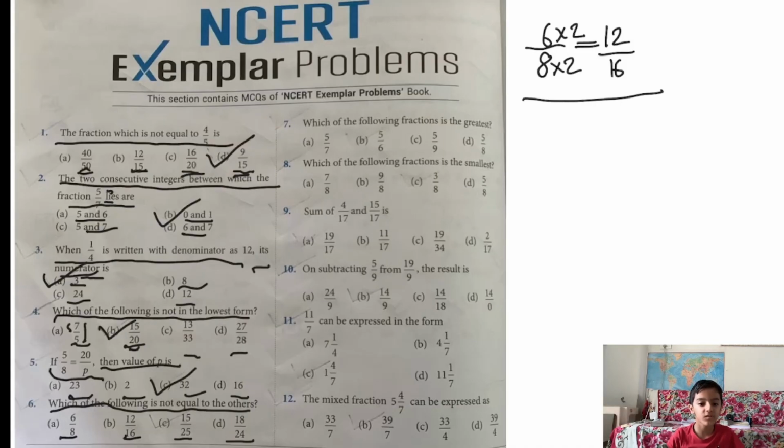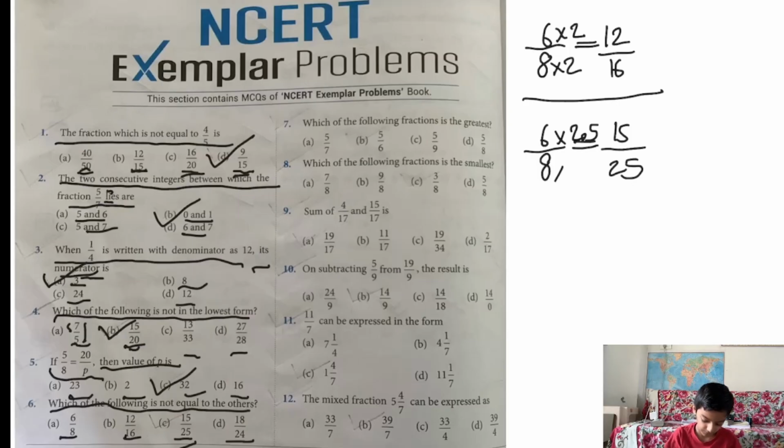Let's check option C, which is 15 by 25. So 6 by 8 is equal to 15 by 25? Here we are multiplying the numerator by 2.5 to get 15. So we'll multiply the denominator by 2.5.